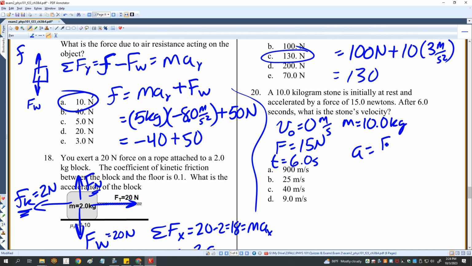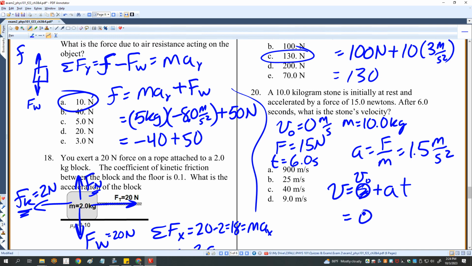First, I find a, that's F divided by m, which is 1.5 meters per second squared, and then the velocity is v equals 0 plus a times t. Excuse me, this is v naught, but it's equal to 0. So that's equal to 0 plus 1.5 times t, which is 6 seconds. That's 9 meters per second.